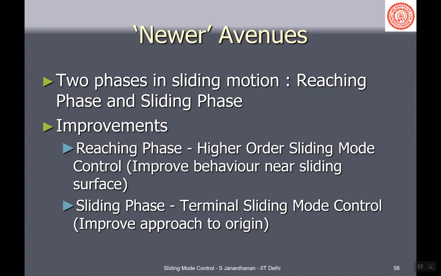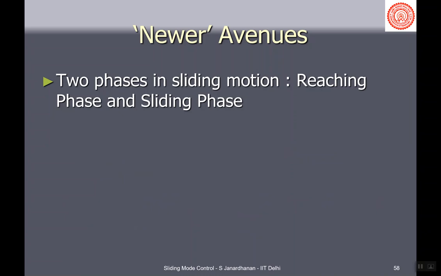Okay, so let me use this example. One of the reaching laws that I had talked about had this sort of a structure, and alpha is between 0 and 1.